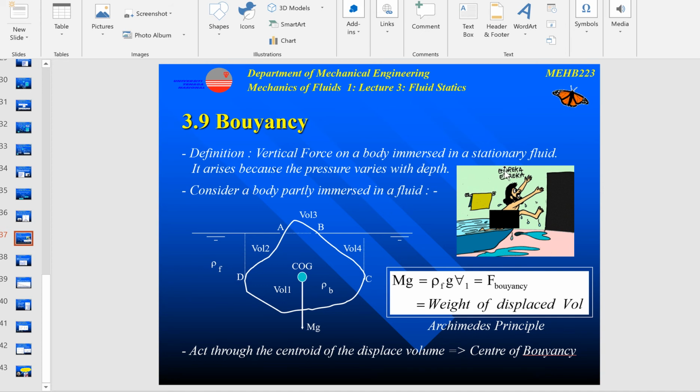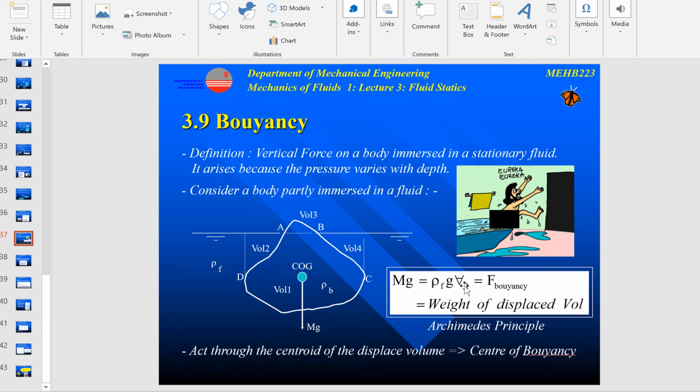By definition, a buoyant force is the vertical force on a body immersed in a stationary fluid. If you can see here in the slide, this is the equation to find a buoyant force. A buoyant force is equal to the weight of the displaced volume. The weight of this displaced volume is mg. m is mass, and mass is equal to density times volume.